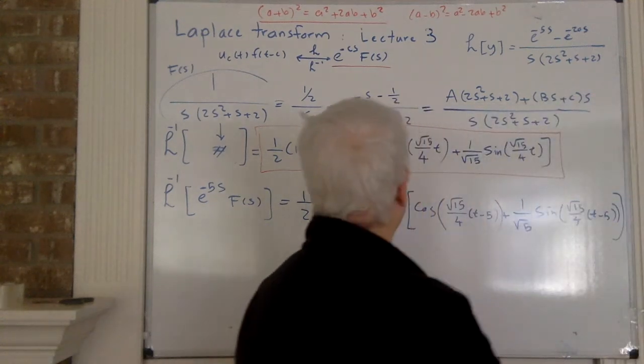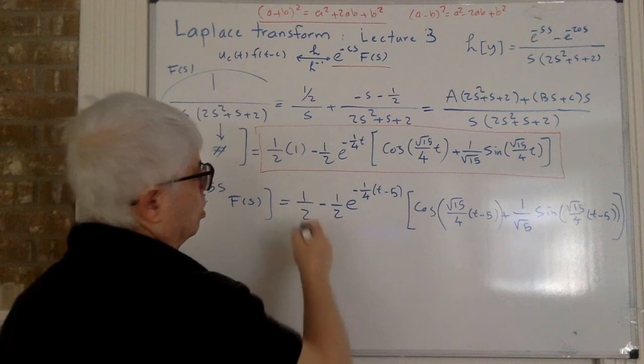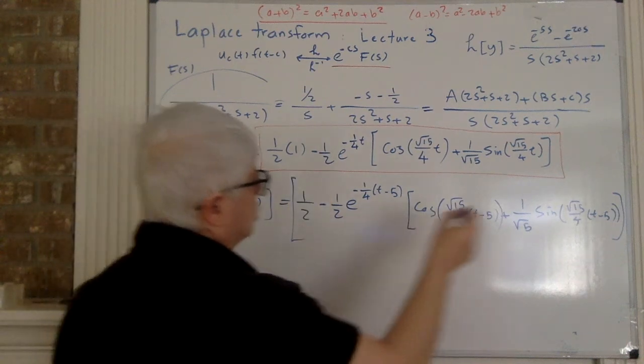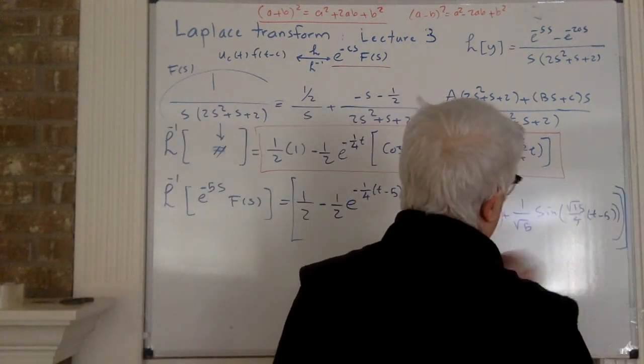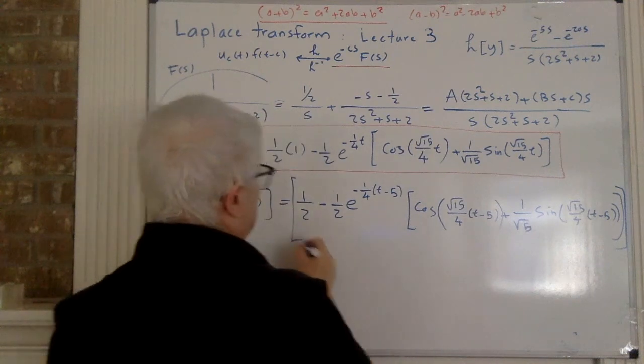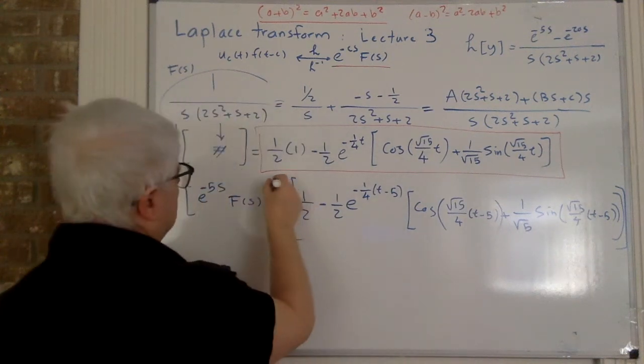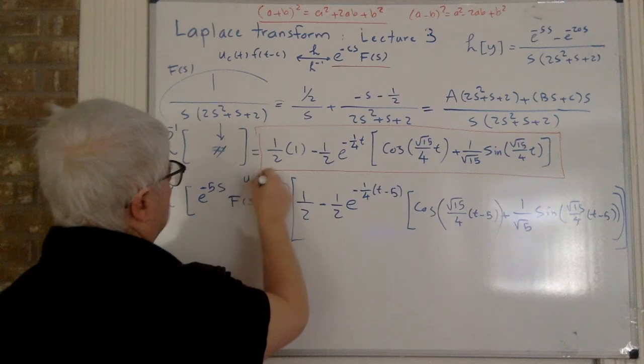So all of this is multiplied by what? By u 5 of t, right?